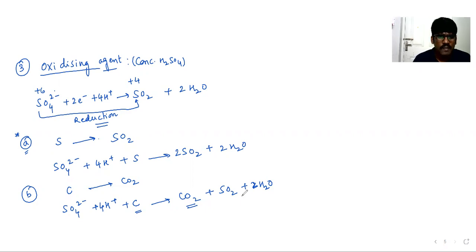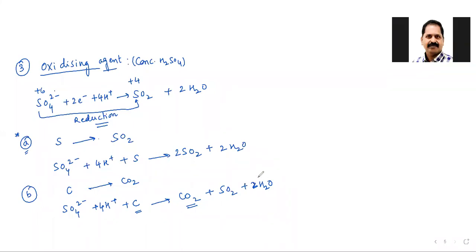Is it balanced? 2, 4, and here 6, and here 4. 8 are there. Yeah, just wait.